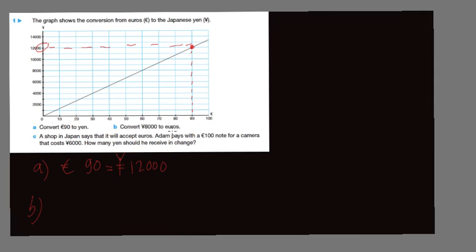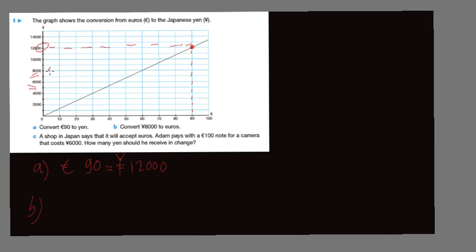8,000 yen to euros. We know that 8,000 is here. Sorry, it's not 8,000 euros, that was 6,000. This is the 8,000 yen.